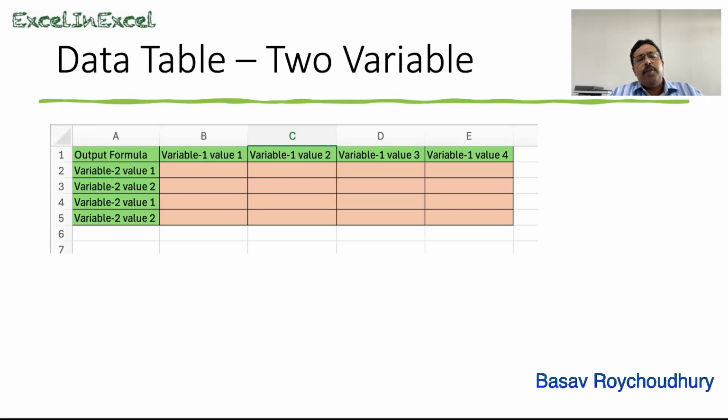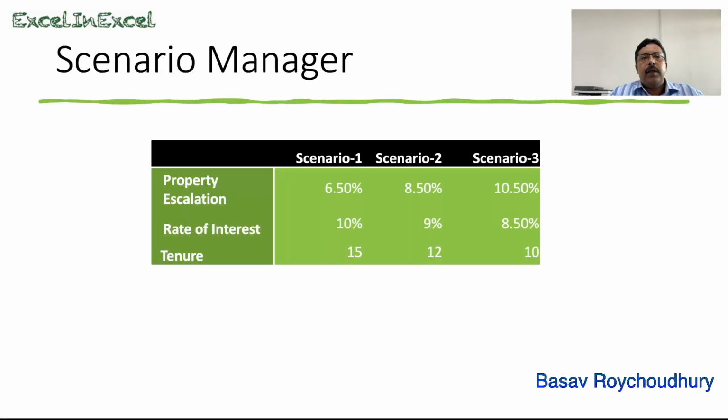But what happens if we have more than that? For example, I want to see how changes in variable 1, variable 2, variable 3, and variable 4 change output formula 1, output formula 2, output formula 3, and output formula 4. So if you want to go beyond the limit of goal seek and data table, you would use something called a scenario manager.